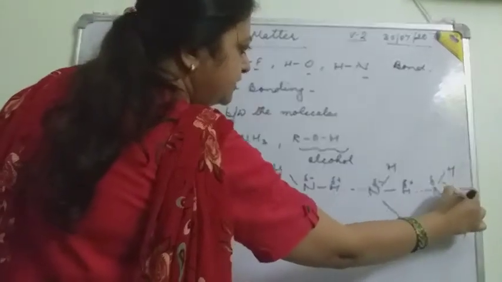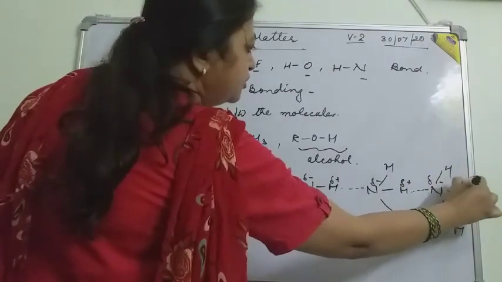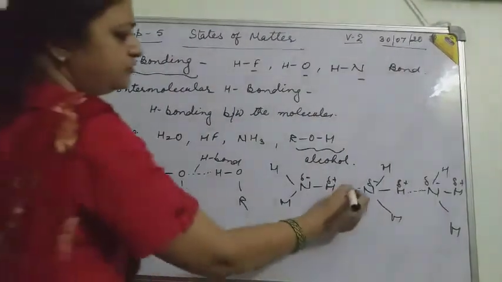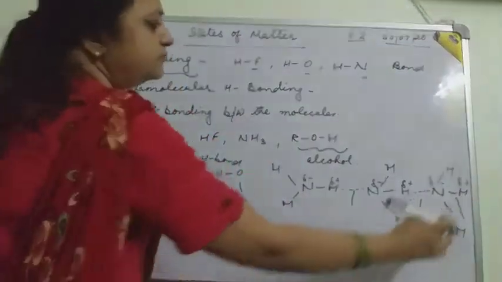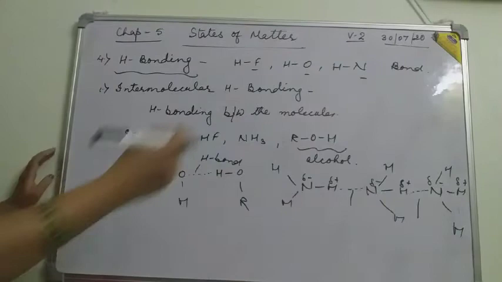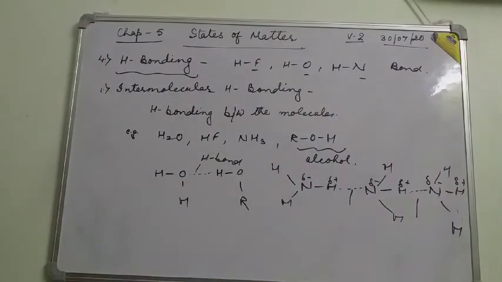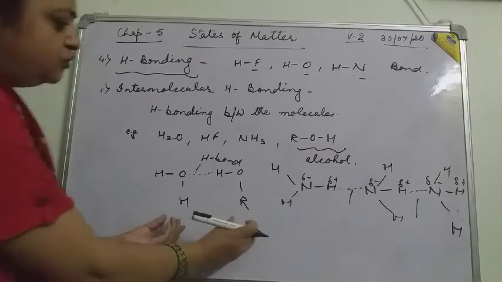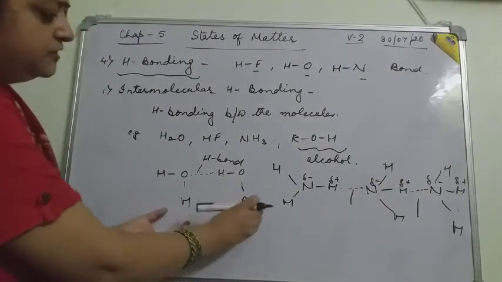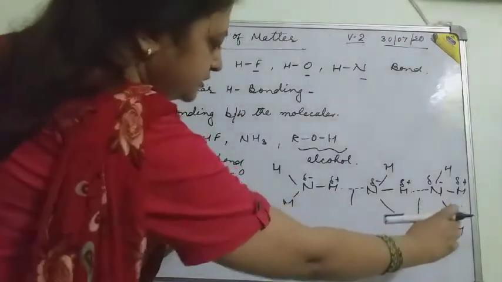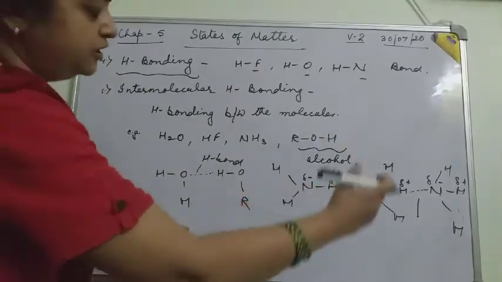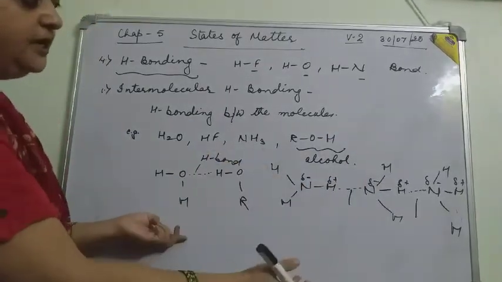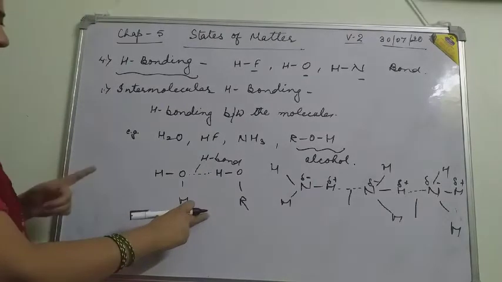This is the hydrogen bond. If another molecule is present besides that, then there is another hydrogen bond. So these are intermolecular bonds between two molecules, between different molecules of the same type or different type.